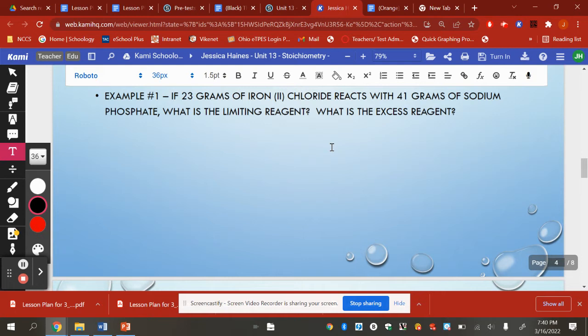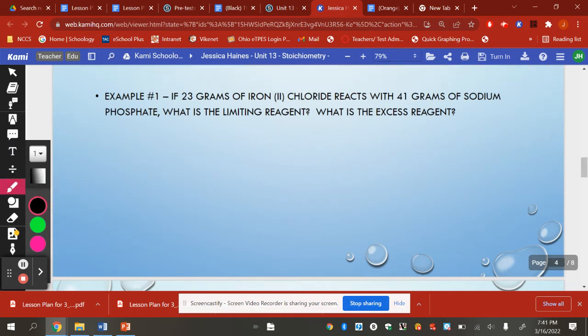We would be doing this in class, so write and balance the chemical equation of what's going on in this problem. So we have 23 grams of iron 2 chloride reacts with 41 grams of sodium phosphate. I'm not going to get caught up in the numbers yet. Remember, everything just needs to start with a balanced chemical equation.